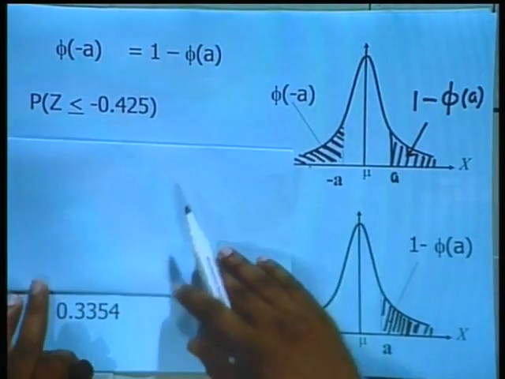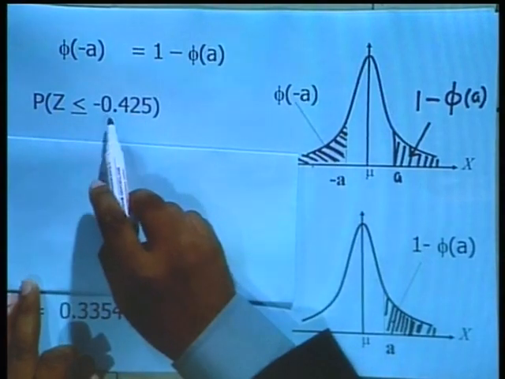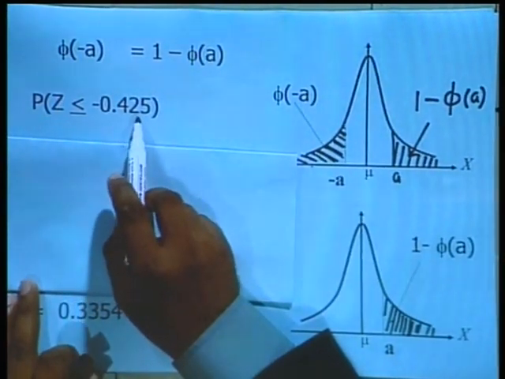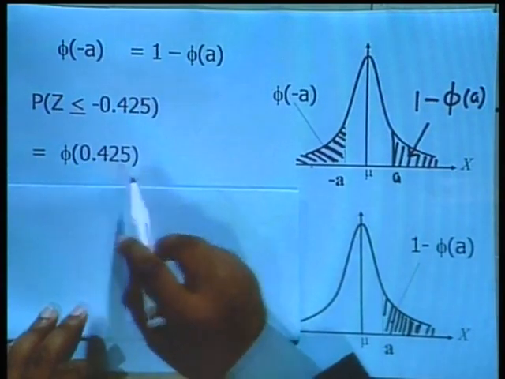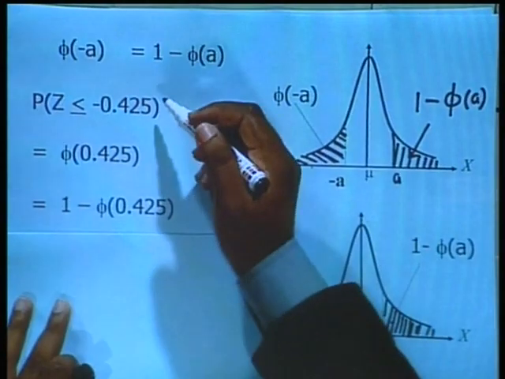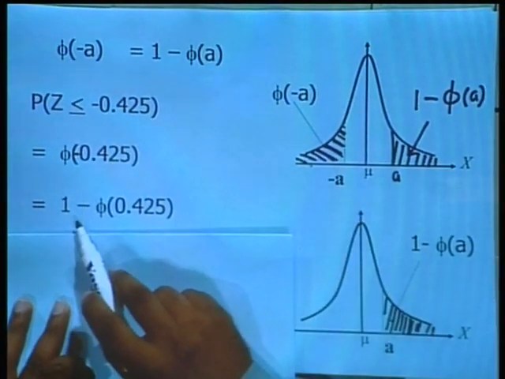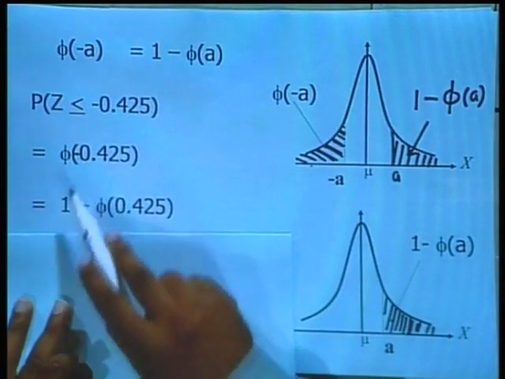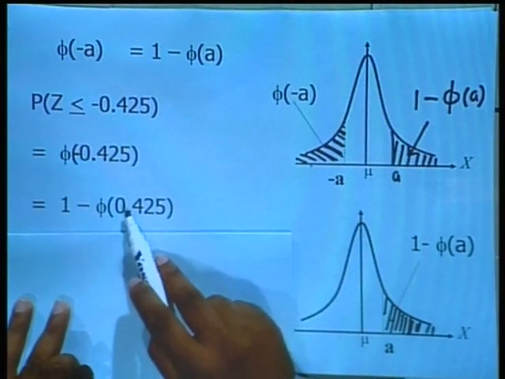So if we had to calculate the probability that z is less than or equal to minus 0.425, then this would be equal to phi of minus 0.425, which is 1 minus phi of the positive value.